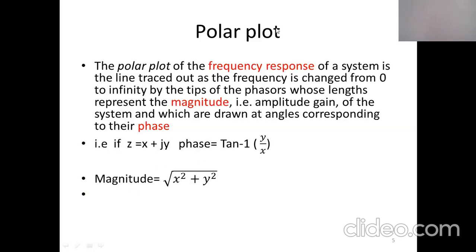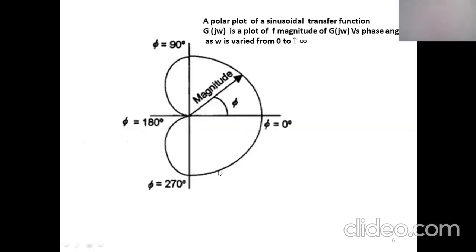Once you have these two, you plot phase angle against magnitude as you vary angular frequency omega from 0 to infinity. It should look something like this.